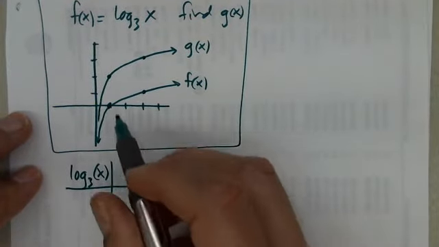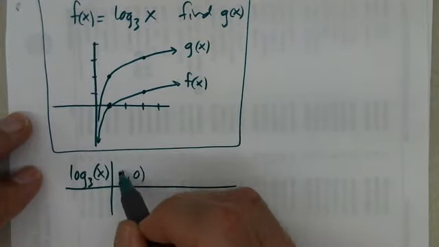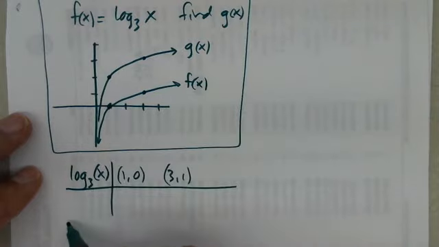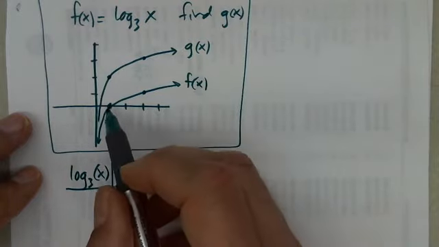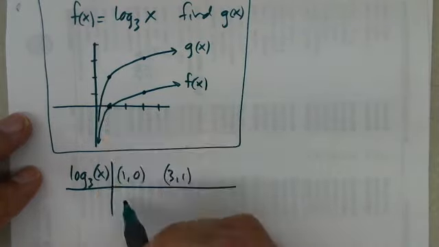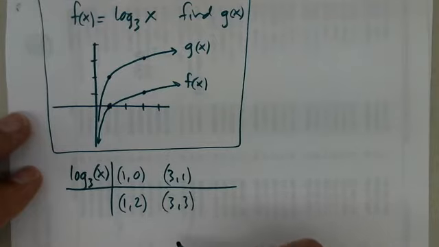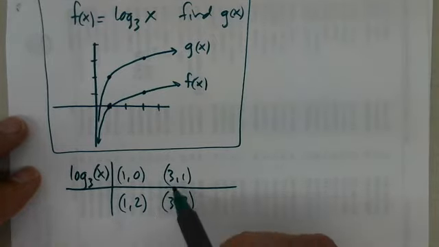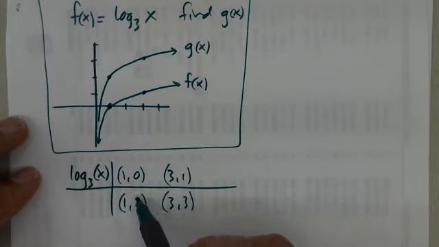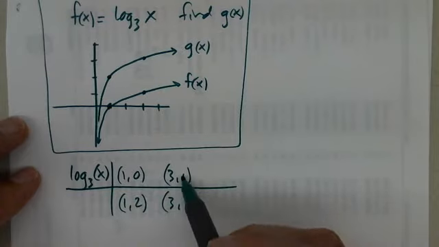So let's write down the coordinates 3, 1, and then we'll write down the coordinates and figure out what the function will be. So here we're going to go 1, 2, and over here is 3, 3. And then we look, the x value is not changing, and we went plus 2, plus 2.